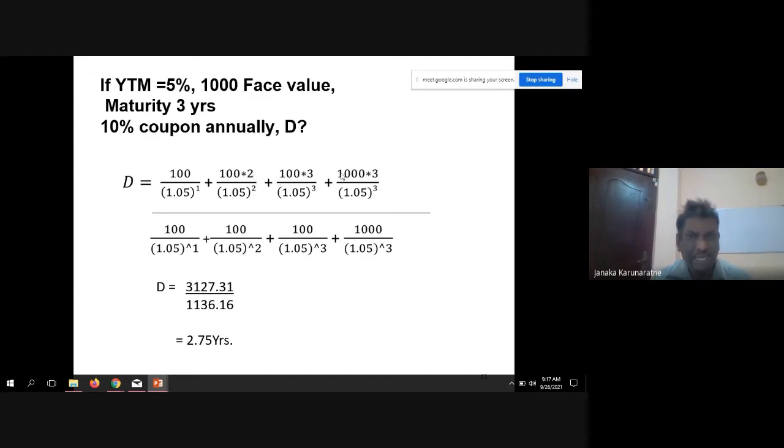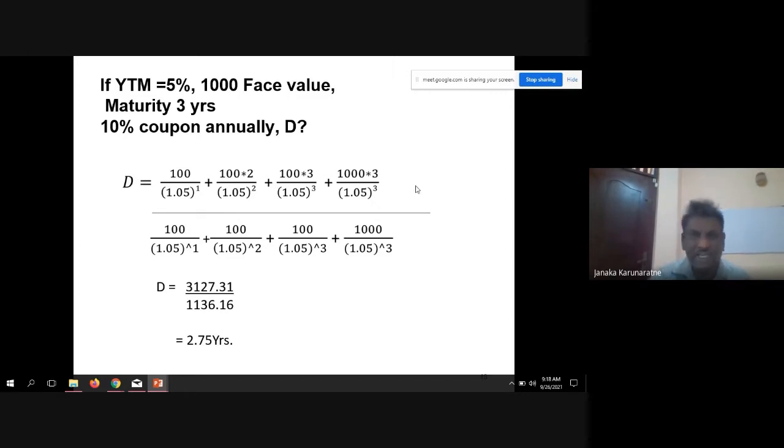Third year, 100 divided by 1.05 to the power 3, the present value, multiplied by 3, the time factor. Then we have the 1000 cash flow, divided by 1.05 to the power 3, multiplied by 3. You can combine these two really, but for explanation purposes I put them as two components. So this is the top part.